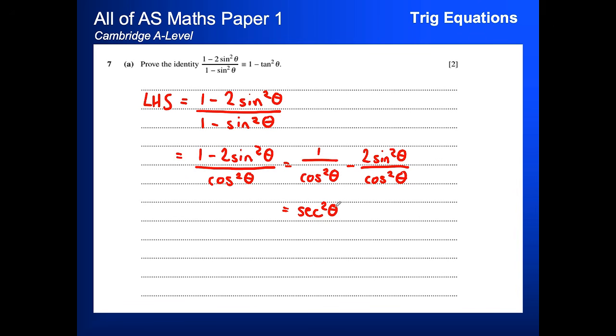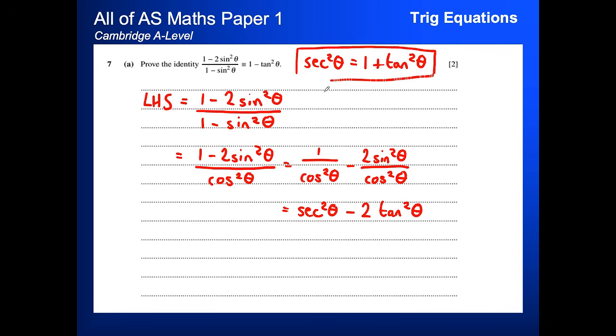So make sure you know this definition for sec and cosec. And sine squared over cos squared is equal to tan squared, so we get minus 2 tan squared theta. And we're almost there, so we just need to use another identity here, which is important. So sec squared theta is equal to 1 plus tan squared theta.